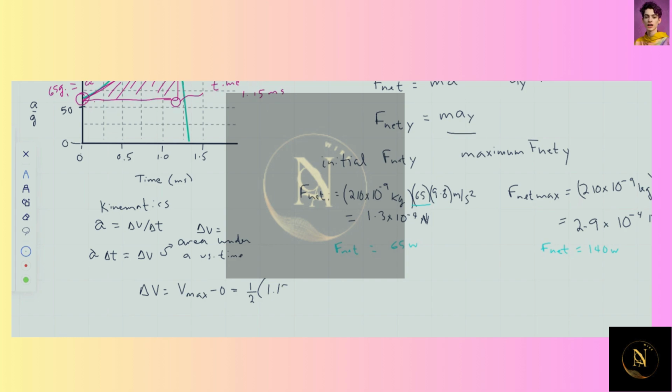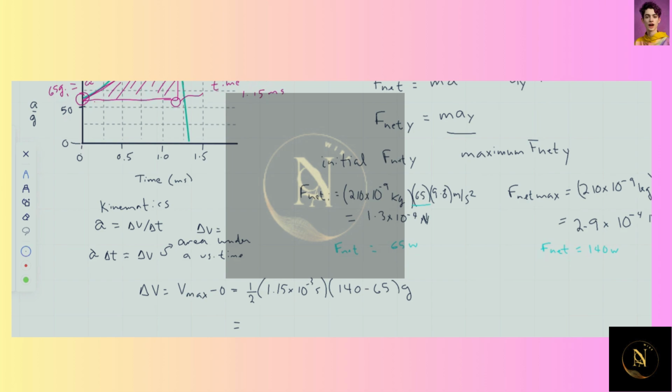We'll call that 1.15 milliseconds, times the height, which is an acceleration quantity, basically the 140 minus 65 Gs, which will be in meters per second squared.